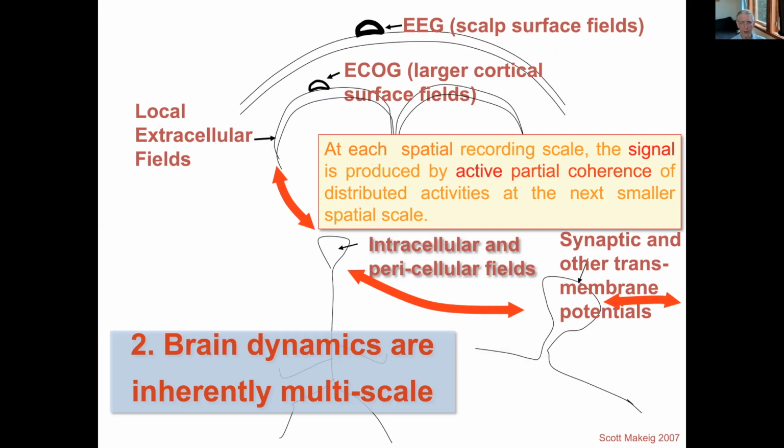If you record extracellular fields, you're recording the synchrony in time and space of activity in the neighborhood of the recording electrodes. If you record farther away on the cortical surface or very far away on the EEG surface, again you're recording fluctuations in the synchrony in time and space of projecting cortical field potentials.